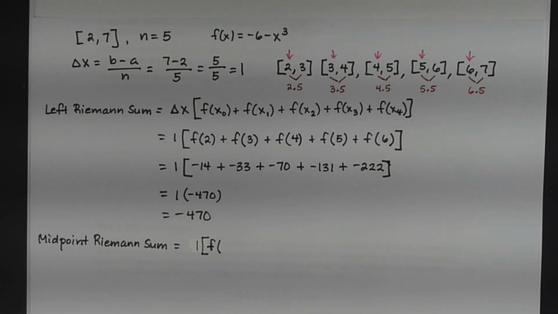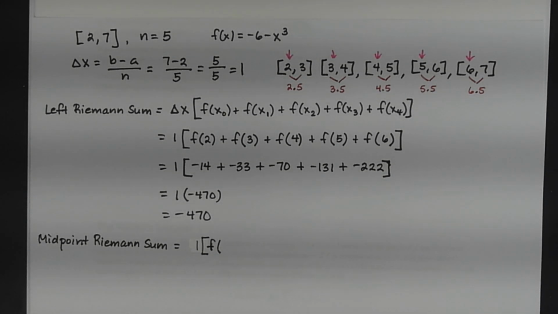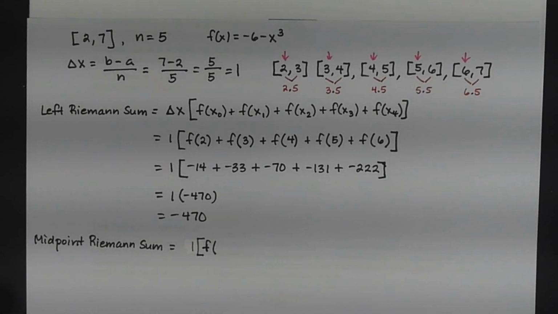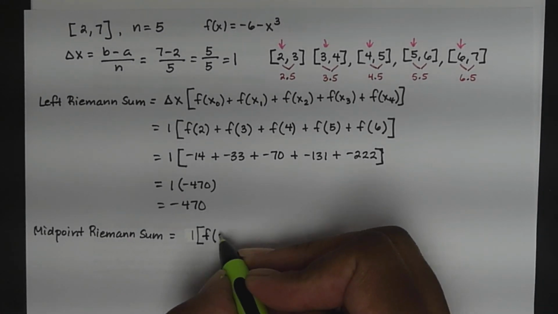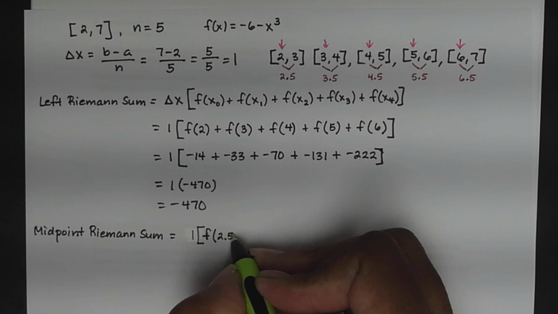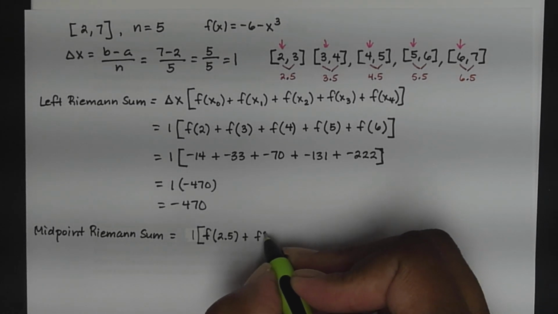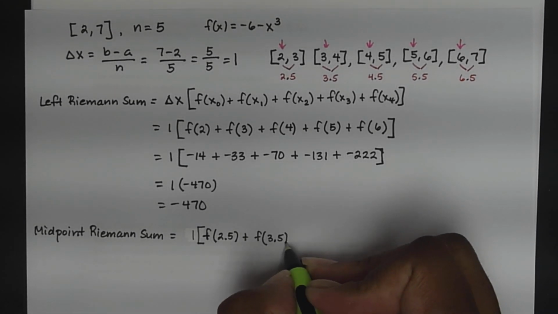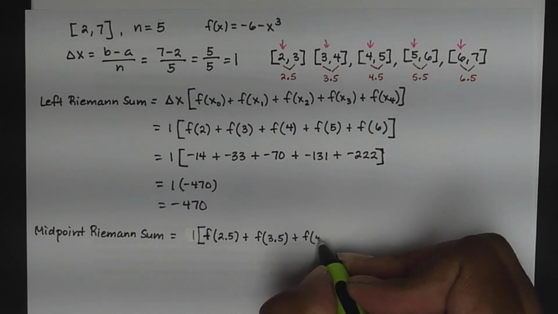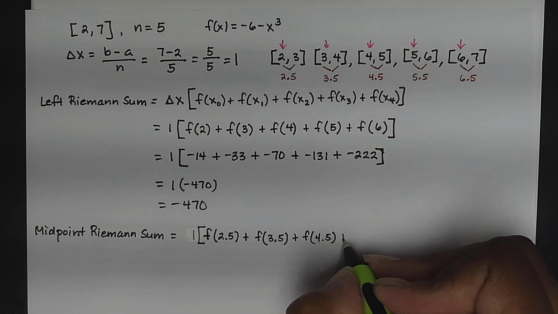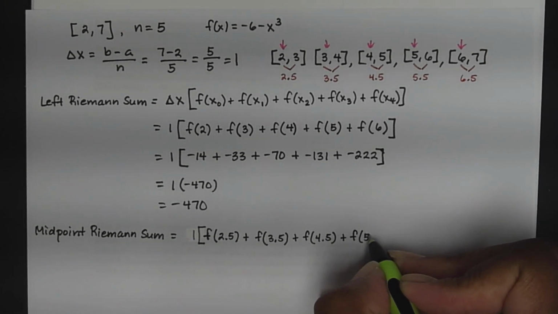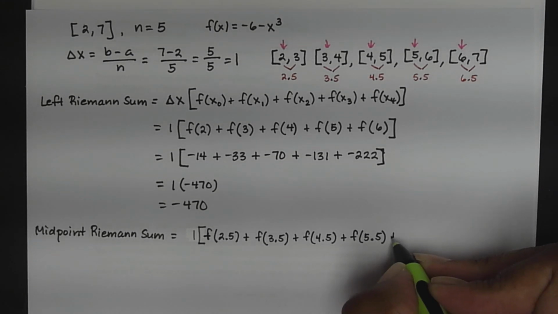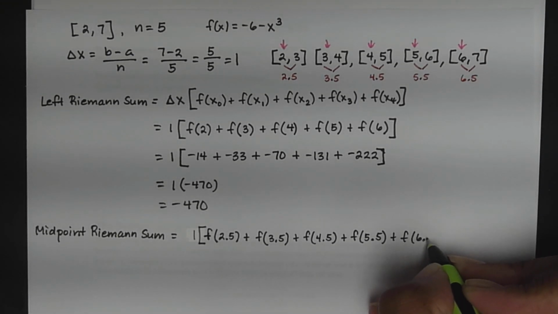So I'm going to use those midpoints to evaluate the midpoint Riemann sum. So this will be f of 2.5 plus f of 3.5 plus f of 4.5 plus f of 5.5 plus f of 6.5.